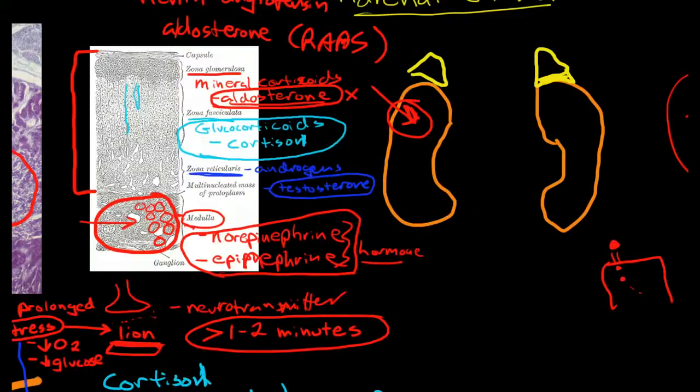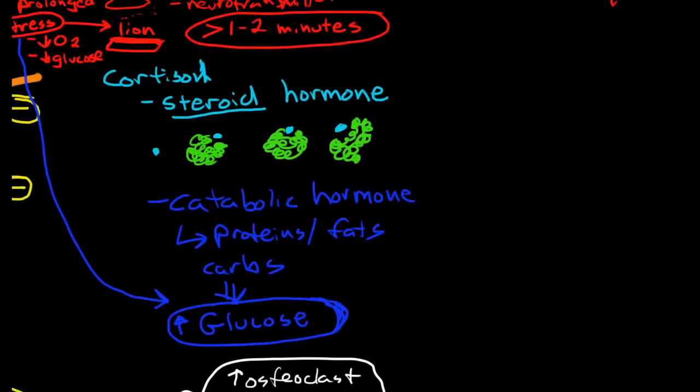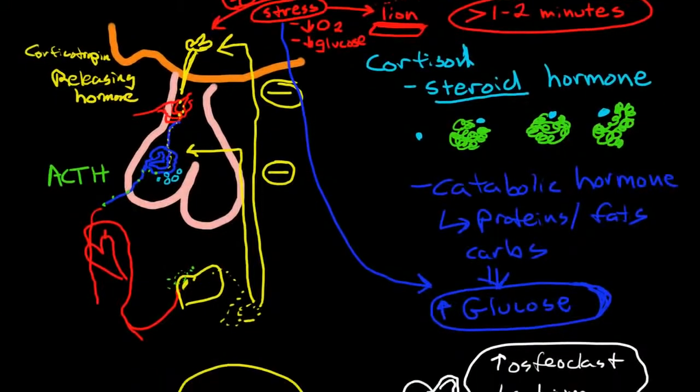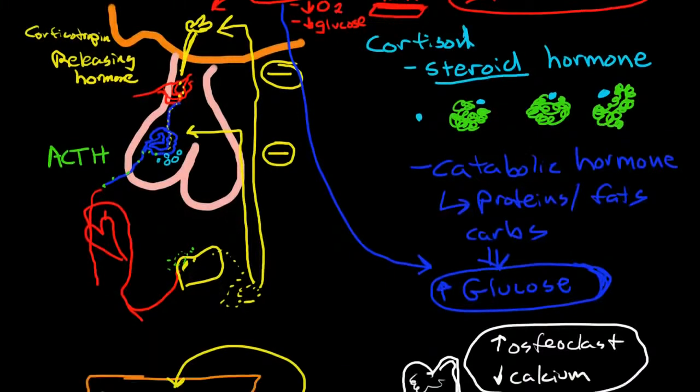That means there's a benign mass in the pituitary gland that is hypersecreting ACTH, and that stimulates a hypersecretion of glucocorticoid. Now, this is a very rare syndrome. I have never taken care of a patient that has Cushing's syndrome.